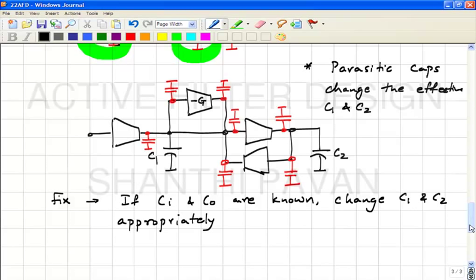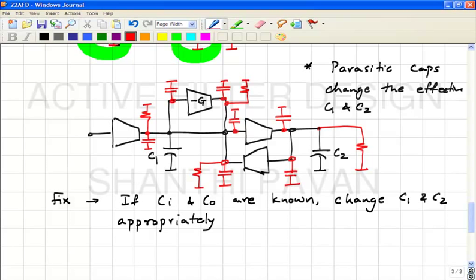Okay. Now finite output impedance. What happens? Each transconductor output has a resistor like this. What happens if you have a resistor at the output of every transconductor?